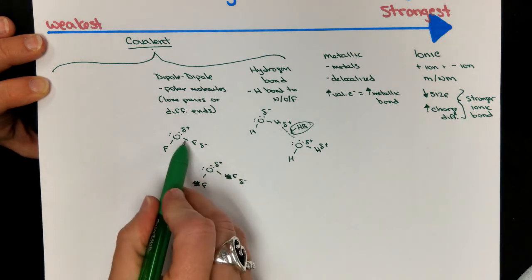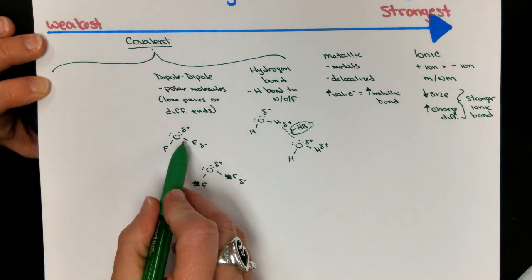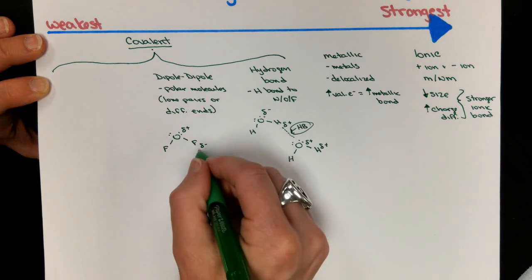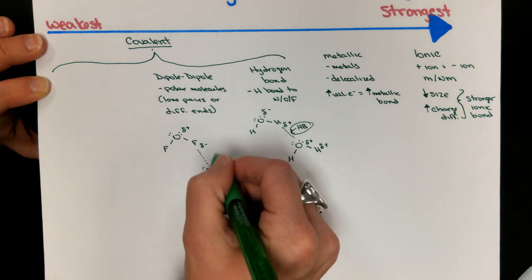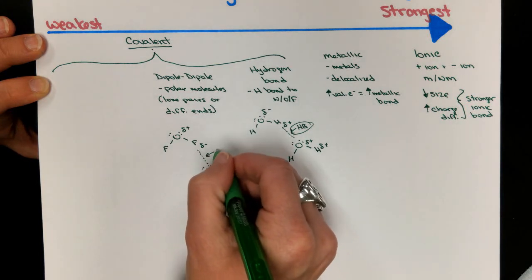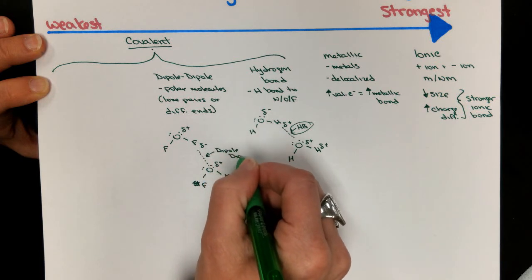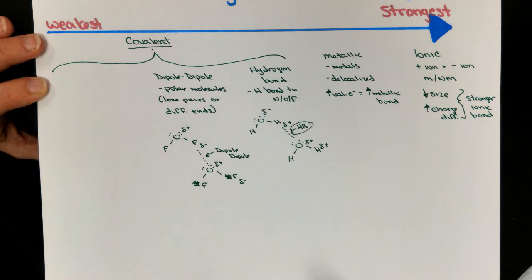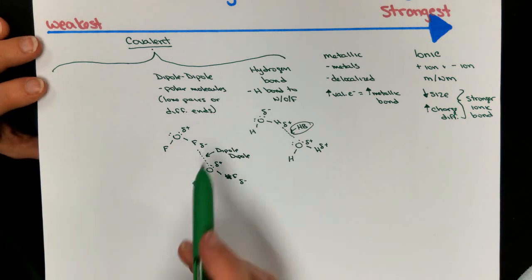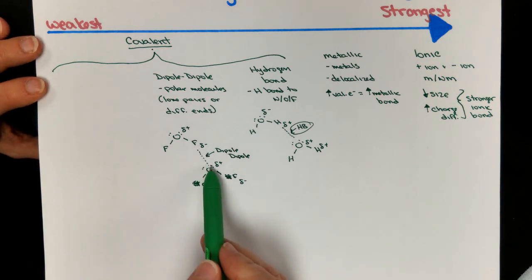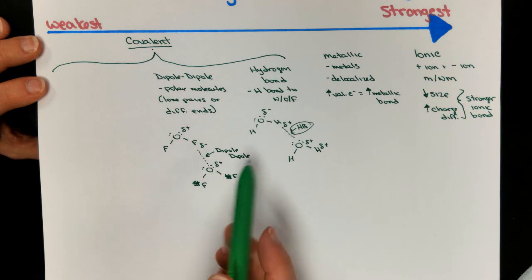This again, that's a polar covalent bond. That's not my dipole-dipole interaction. I have to have this attractive force that is my dipole-dipole existing between those two molecules there, the partially negative end of one and the partially positive end of the other.